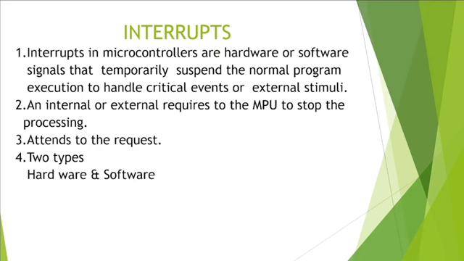The interrupt comes at the pin which has higher priority. They stop the normal program and execute the higher priority interrupt program. After that, they run the normal program execution.